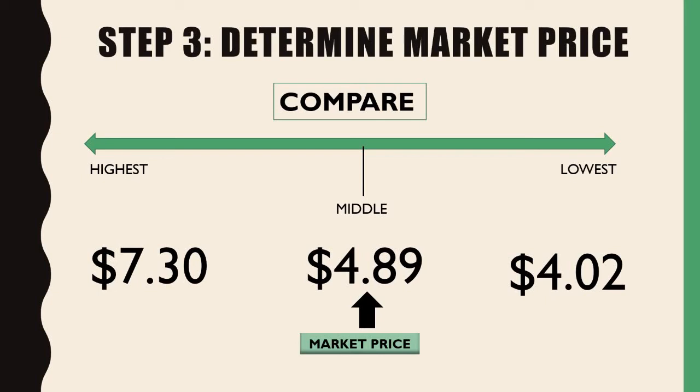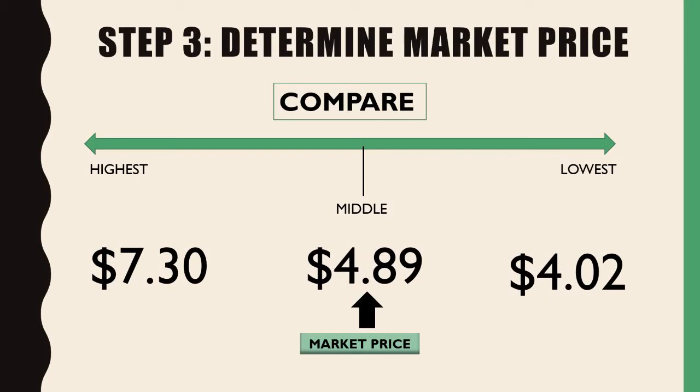It doesn't have to necessarily be your replacement cost. It could be your floor cost, or it could be your ceiling for some reason. As long as you take those 3 numbers, your ceiling, your replacement, and your floor, and compare them on a number line, whether it's highest to lowest or lowest to highest, whichever number falls in between, that's the number you're going to grab, and that's going to become your market price.